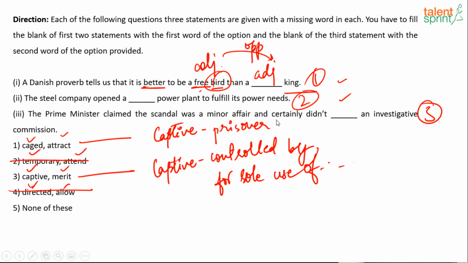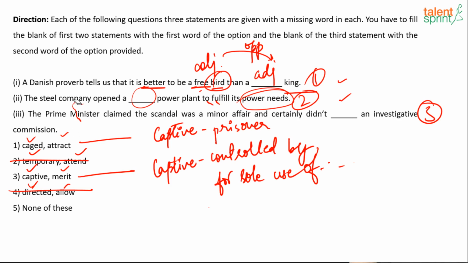So the steel company opened a captive power plant to fulfill its power needs. So the sole purpose of this power plant will be to fulfill its power needs, right? So captive again is absolutely fine. So captive will be the right word for the next one as well.